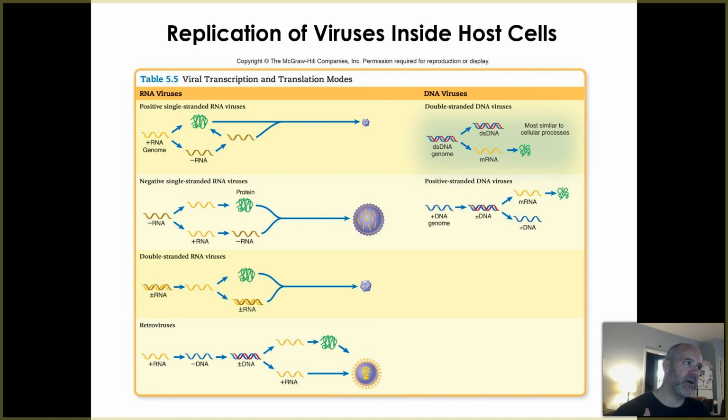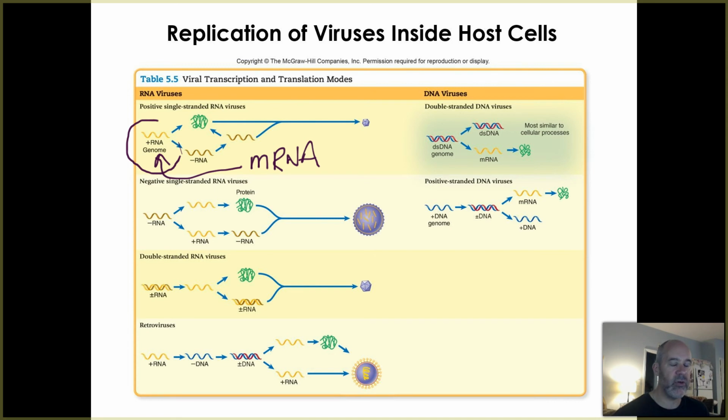Now over on the RNA virus side, things are a little bit different. So RNA viruses can be considered to be positive stranded, negative stranded, double stranded, or then we have some that are called retroviruses. All right, so what's the difference between these types? If a virus has a positive strand RNA genome or a plus strand RNA genome, you'll hear both of those terms, what that means is the genome itself can function as a messenger RNA.